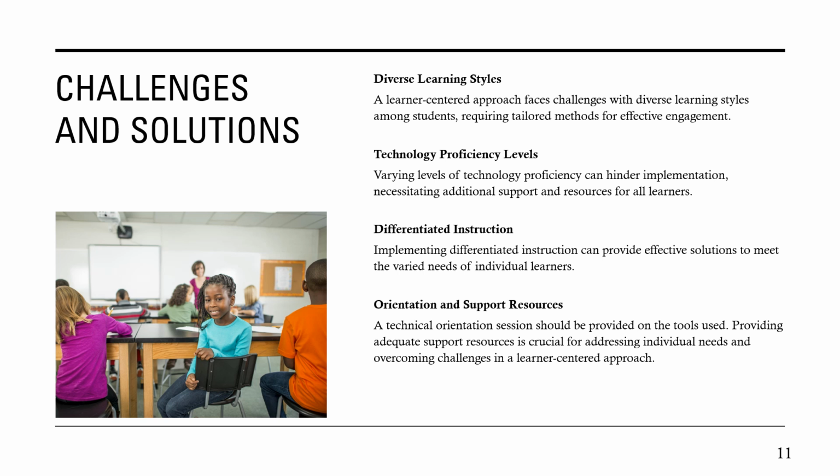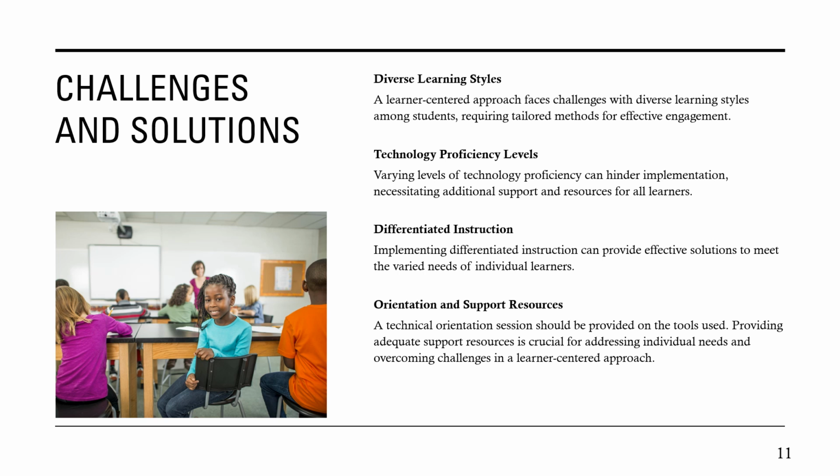With students taking online classes all over the world, there is always the varying fact with regard to diverse learning styles. Thus, we are faced with a need that may require special methods for varying effective engagement. Furthermore, there is the need for technology levels that can hinder implementation, necessitating additional support and resources for all learners.